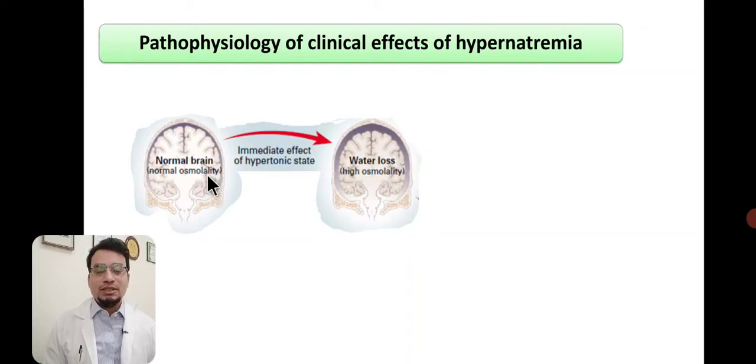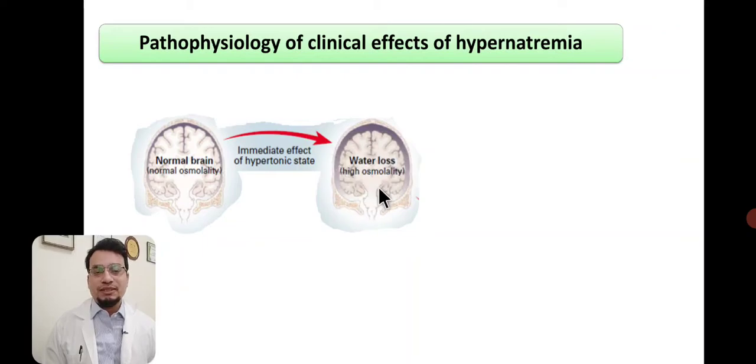Sodium is a major determinant of osmolality of serum. When sodium goes up, the osmolality also increases, and that increased osmolality can extract the water out of brain cells, and that causes shrinkage of the brain.